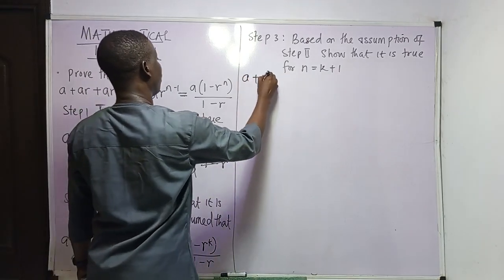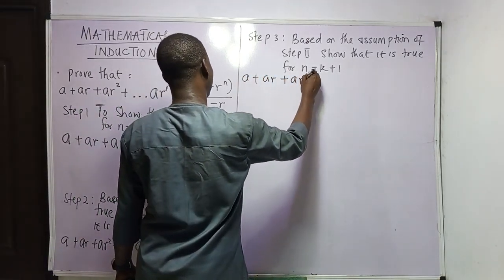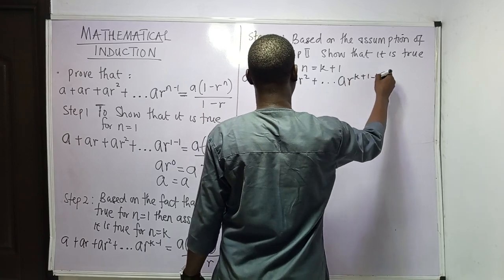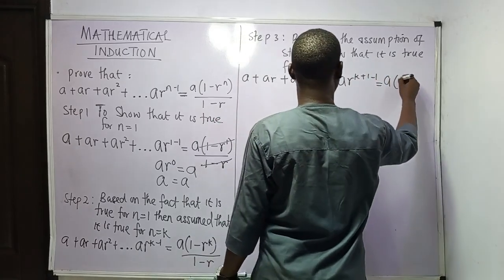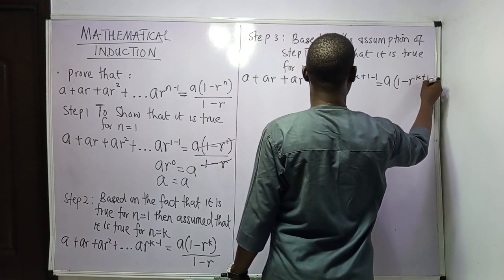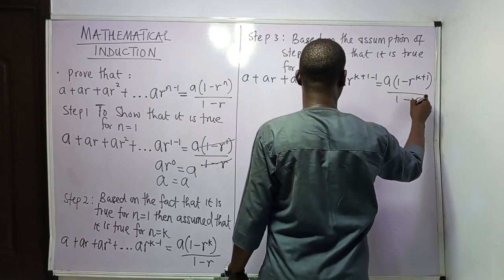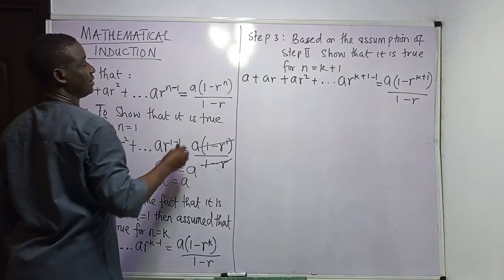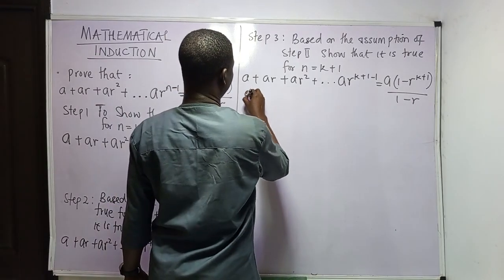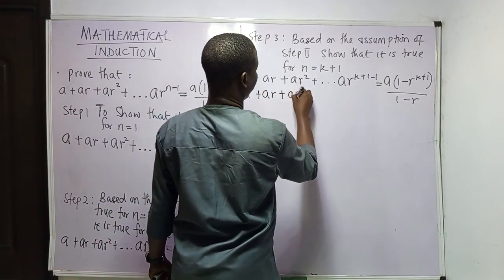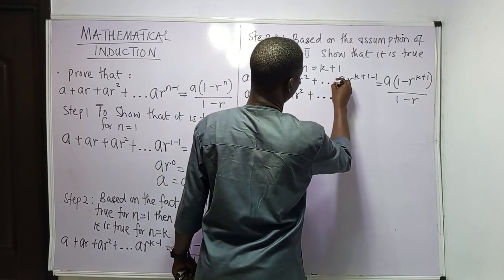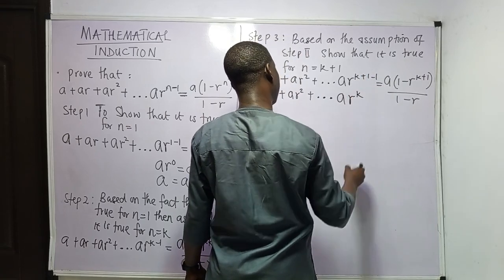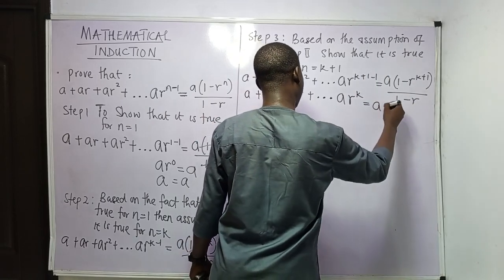That means a plus ar plus ar squared plus ... ar^(k+1-1) is equal to a into bracket 1 minus r^(k+1), all over 1 minus r.